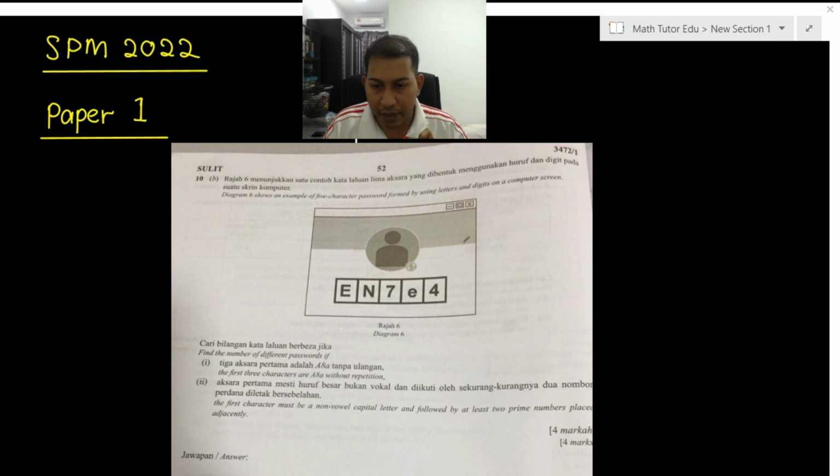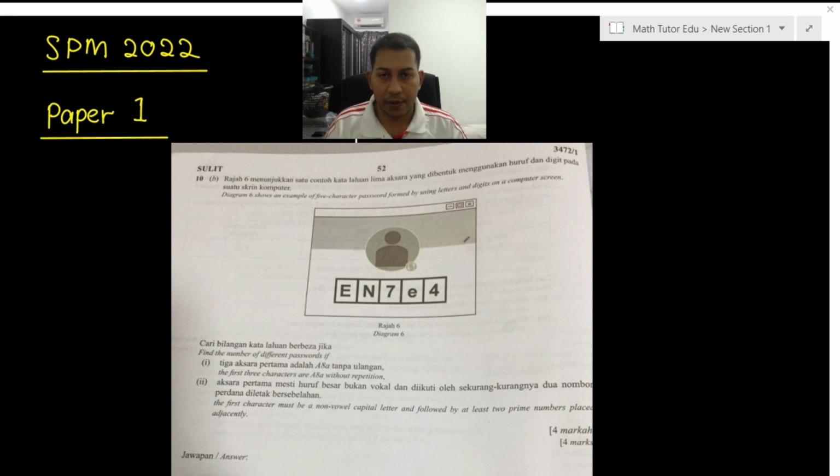Find the number of different passwords if the first 3 characters are capital letter A, 8, small letter a without repetition. The first character must be a non-vowel capital letter and followed by at least 2 prime numbers placed adjacently.